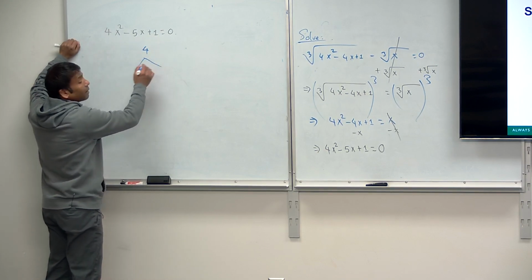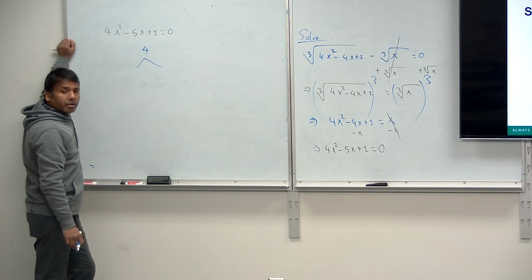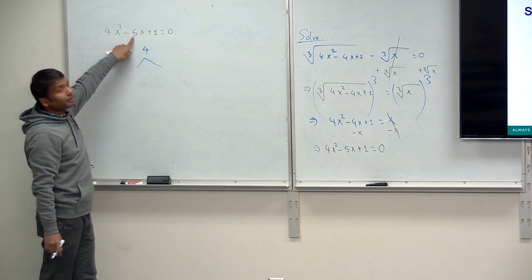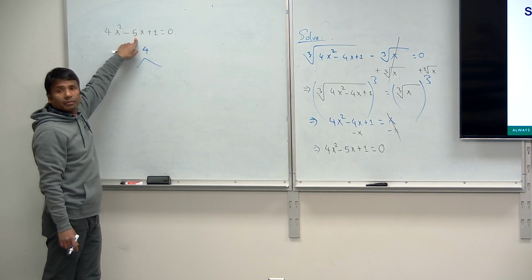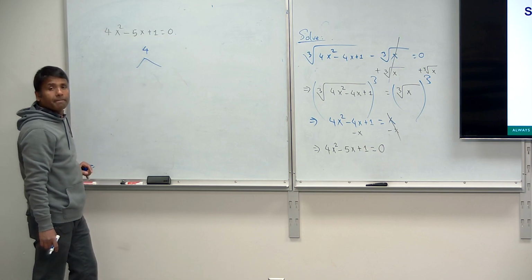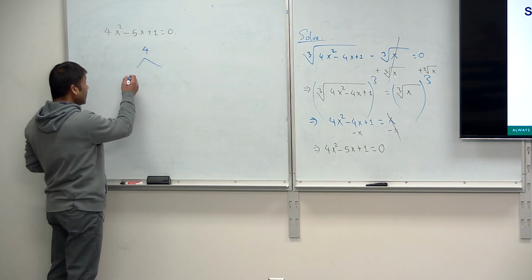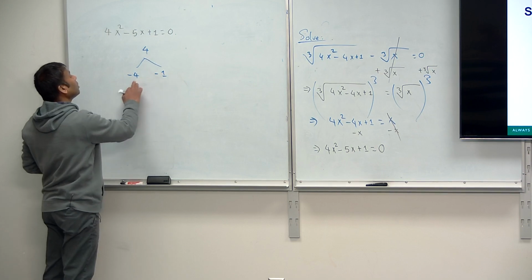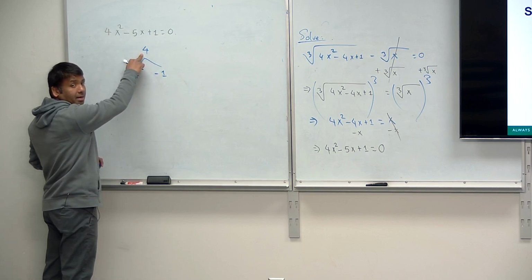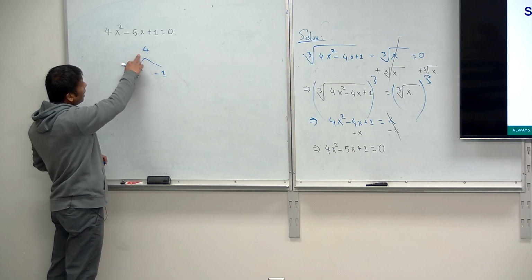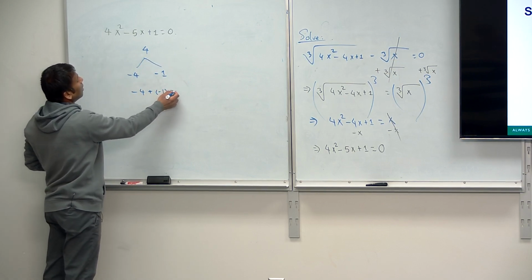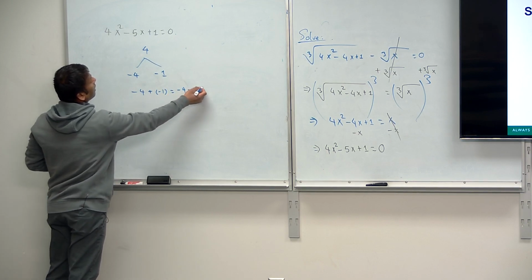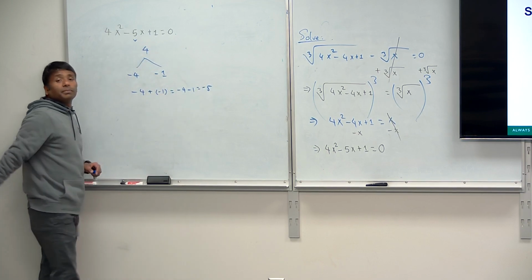Is that right? You find the factors of 4 so that the sum is negative 5. Right? What are they? Yes, negative 4 and negative 1. If you multiply them, they give you 4, right? Negative 4 times negative 1 is positive 4. If you add them up, this is negative 4 minus 1. Is that right? Negative 5. Good. That makes sense?